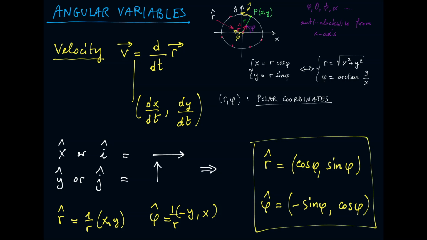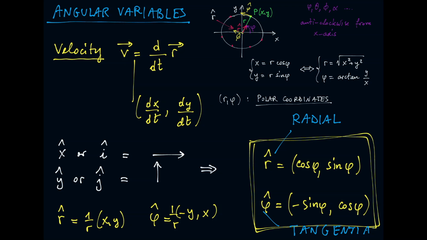This is important and useful to remember, just in case you get confused sometimes as to what the radial direction is. Let me write this down. So this defines the radial direction, and this defines the tangential direction.